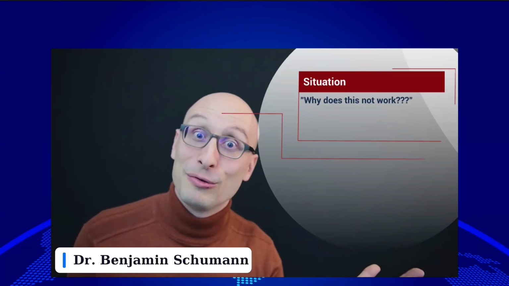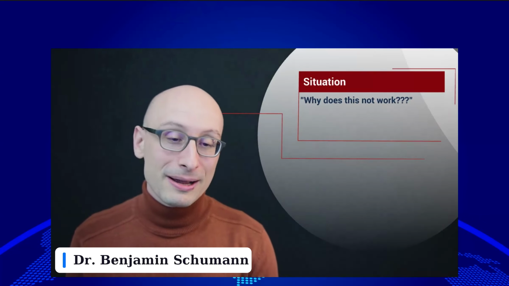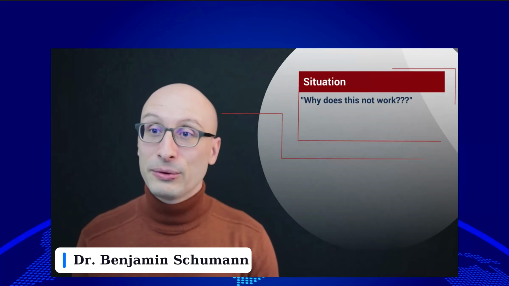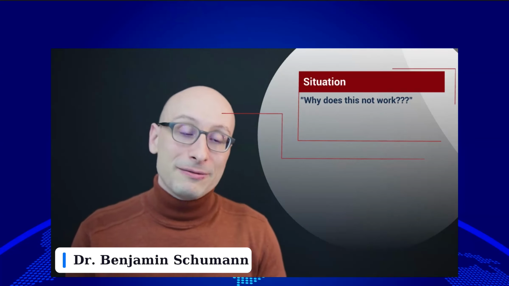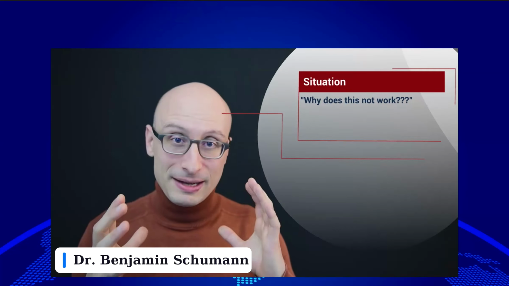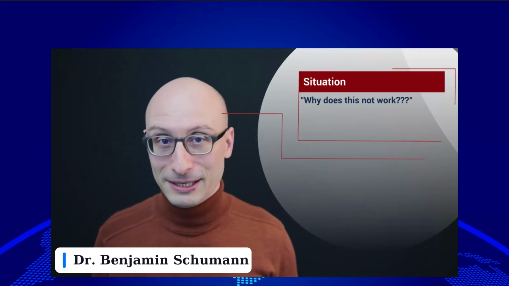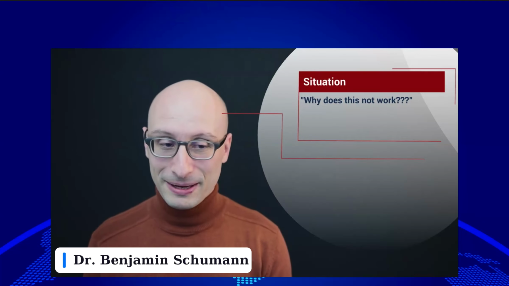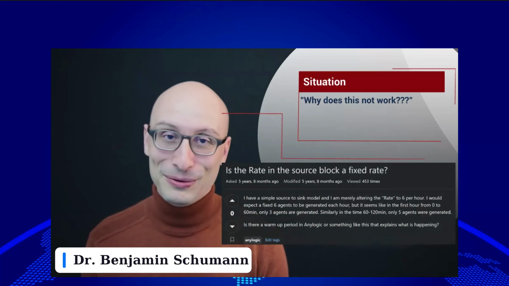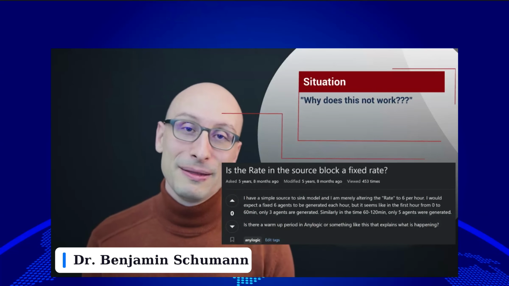So let's go into the real world again and wonder about a typical situation of something not working. A very typical situation is people misunderstanding how things are supposed to work. For example, the source block using await. We'll see what I mean by that, but it's a very classic question. Many people are asking that in the forums.